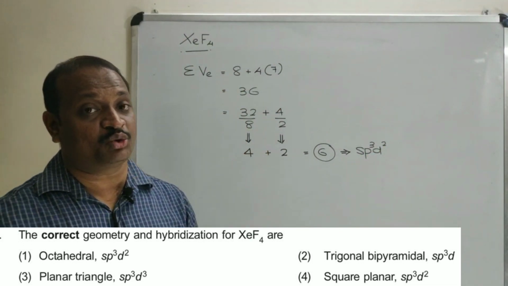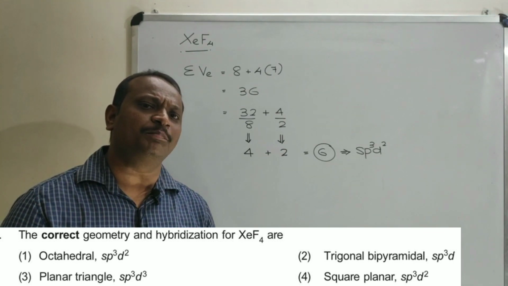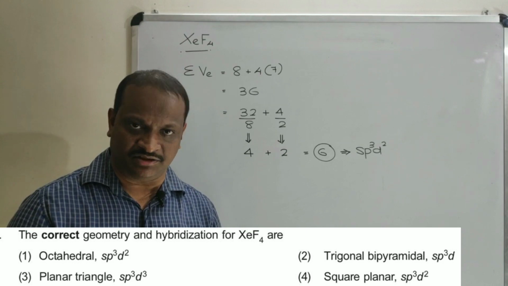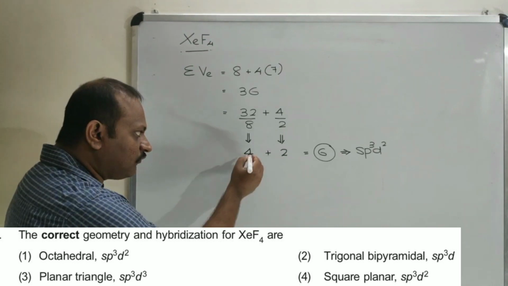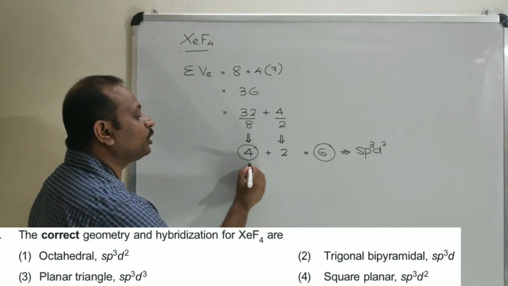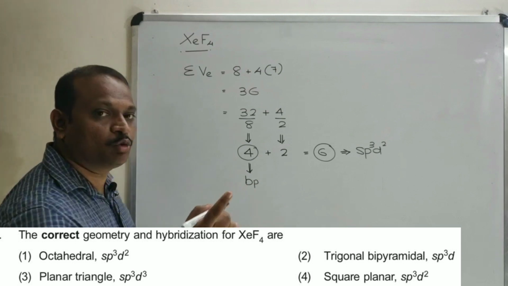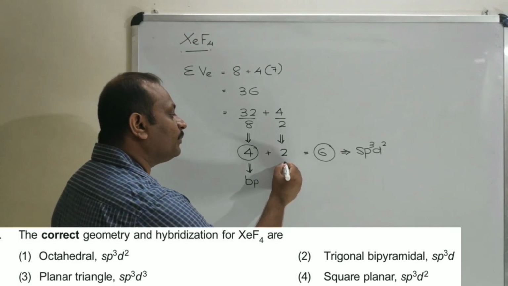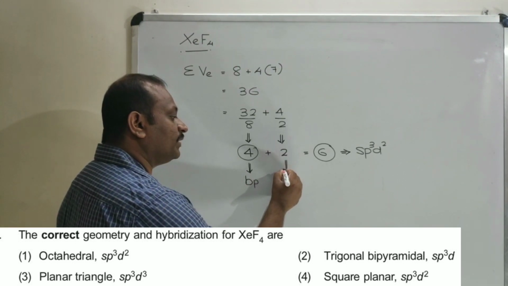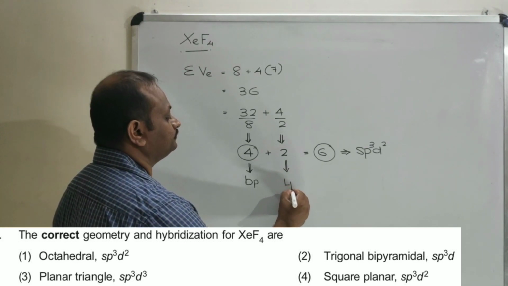If you want to know about the geometry, we need to know how many lone pairs and how many bond pairs are there. The number 4 we got by dividing by 8 is the number of bond pairs. So the number of bond pairs is equal to 4, and the number of lone pairs, from the remainder, is equal to 2.